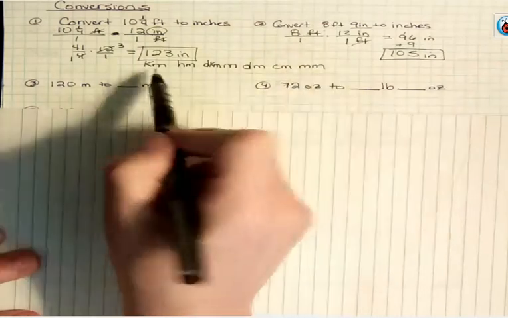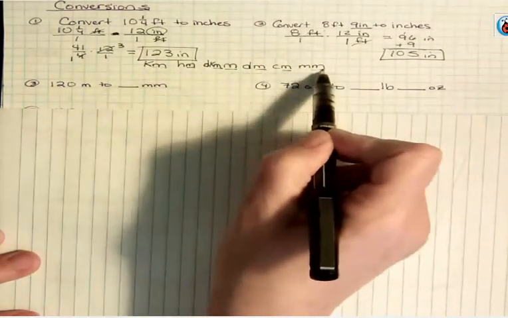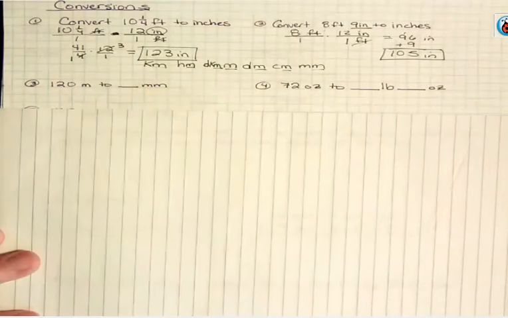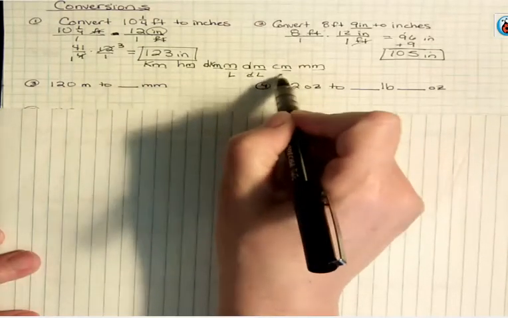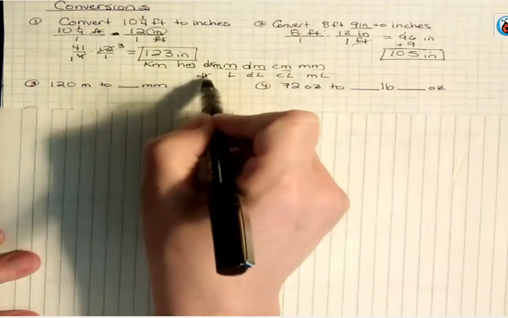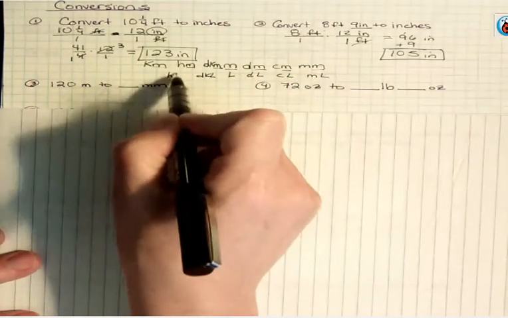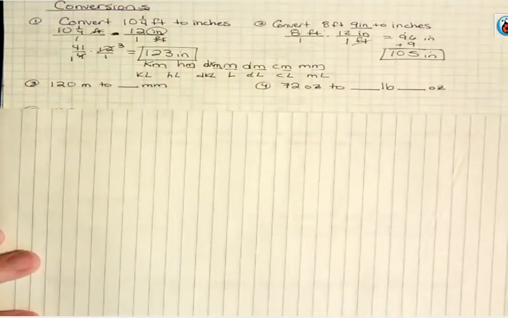Notice that the meters, that's your basic unit, right? And then everything else has a prefix in front of it. So if I have liters, I would have deciliters, centiliters, milliliters, decaliters, hectoliters, and kiloliters, like that. So it's always the different unit at the end, but the prefixes are the same.